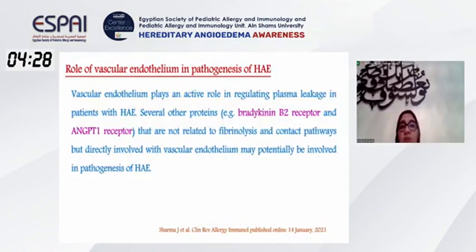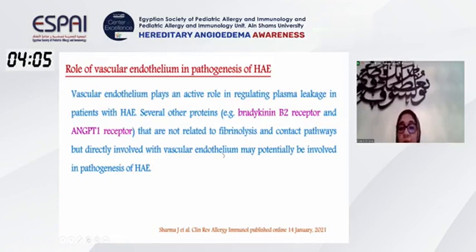In general, regarding the role of vascular endothelium in the pathogenesis of hereditary angioedema, the vascular endothelium has an active role in regulating the plasma leakage in patients with hereditary angioedema. Several other proteins like bradykinin B2 receptor and angiopoietin receptor itself are not related to fibrinolysis and contact pathway, but directly involved with the vascular endothelium.